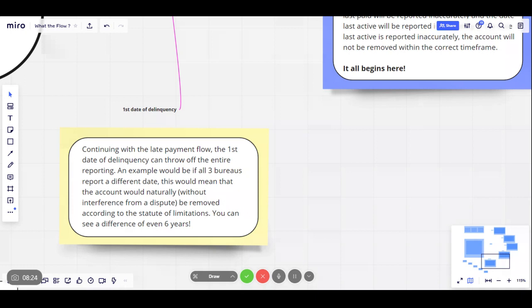So this date is very, very important, right? So we have first date of delinquency. That says the entire thing about your payment history, and the payment history leads to date last active, and then date last paid, and even activity after the close date and all of that. So that's what I'm saying, that one thing leads to another.